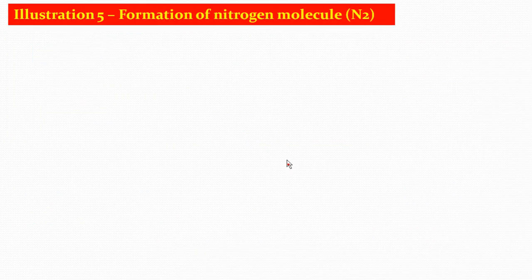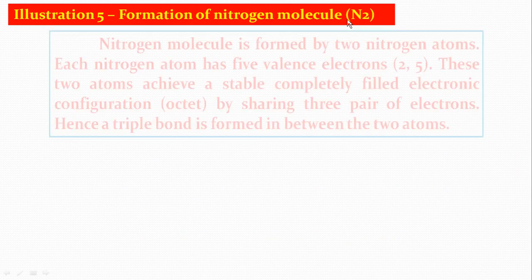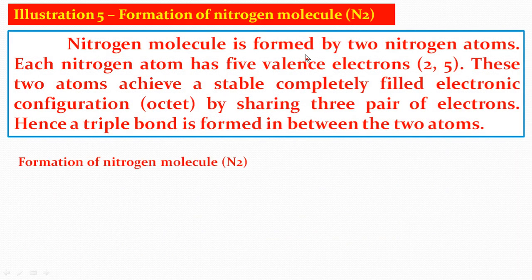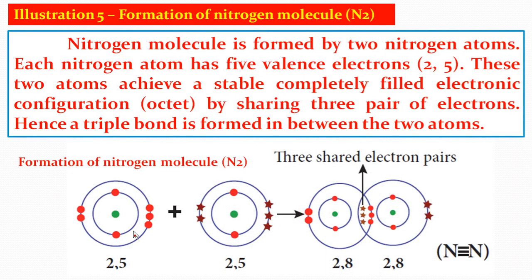The next illustration or example is the formation of the nitrogen molecule, N2. Here, come to the picture, formation of the nitrogen molecule, 2 nitrogen atoms. So this is the first nitrogen. Nitrogen has atomic number 7. The electronic configuration is 2, 5.